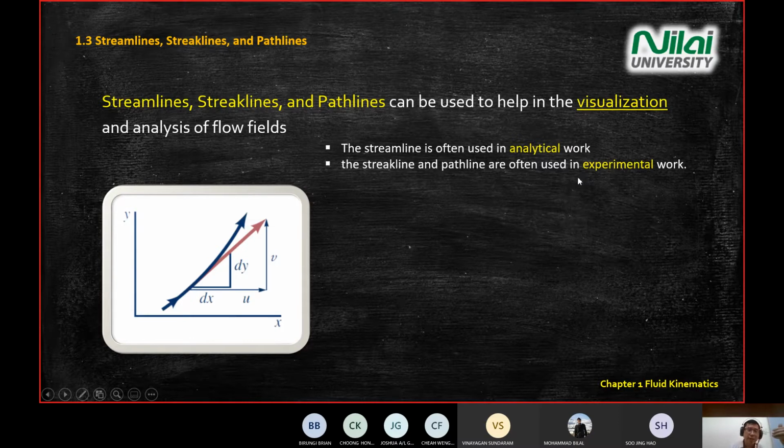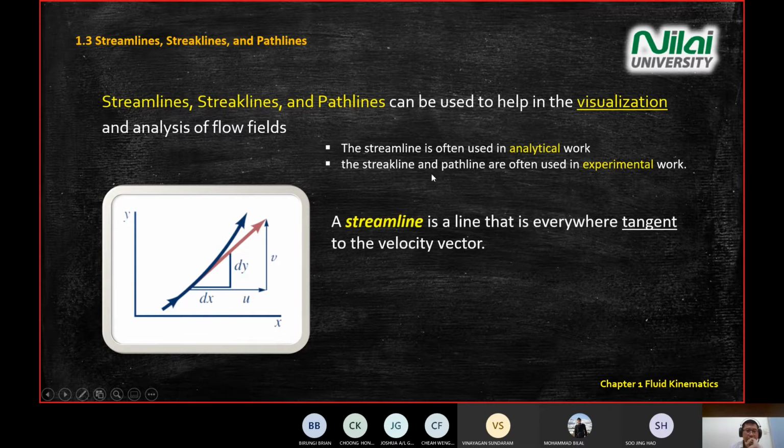Sometimes you're given data to analyze, data collected from the experiment. Then you're able to do the streakline and pathline. These are the differences or characteristics between these three.